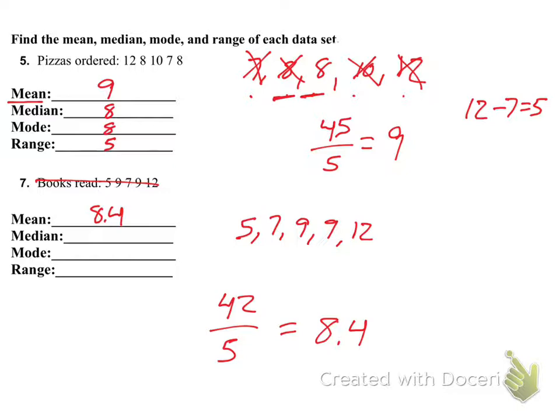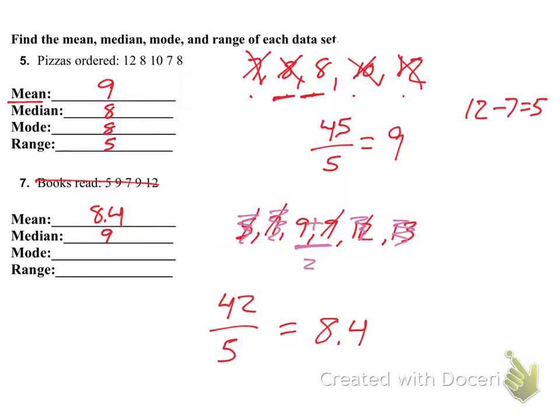The median is the middle number. So if I cross off the 5, cross off the 7, 7, 9. So the middle number is 9. Now, if there was an even number here, for example, say there was another number and it was 13, what I would need to do is cross off left, cross off right, and I would keep going. And I would be left with 2 numbers in the middle, right? So I'd have to add those and then divide them by 2.